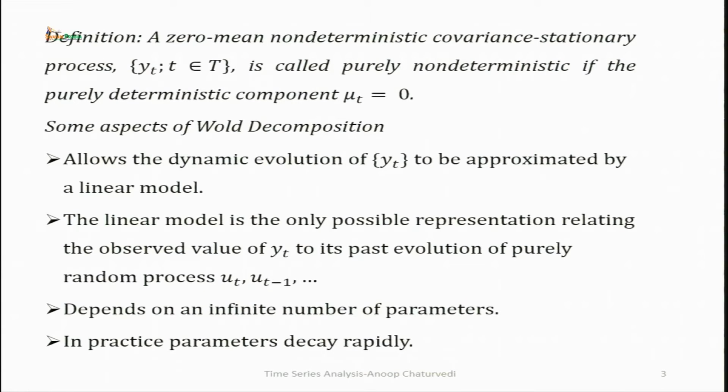So, you can say the process has evolved, or at least approximately it has evolved, by a linear model, and this linear model is the only possible representation relating the observed values of y_t to the past evolution of the purely random process u_t, u_{t-1}, and so on.